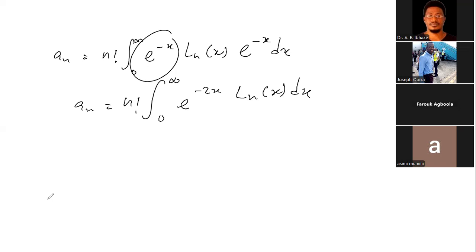So the least squares method, for instance, will minimize the Euclidean norm of the error vector to find the best approximation of the vector or the function.